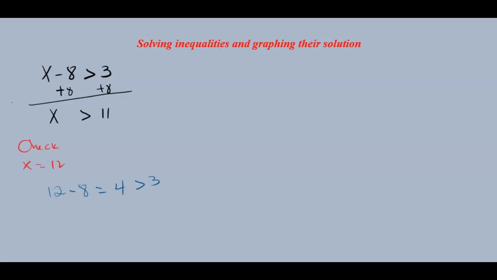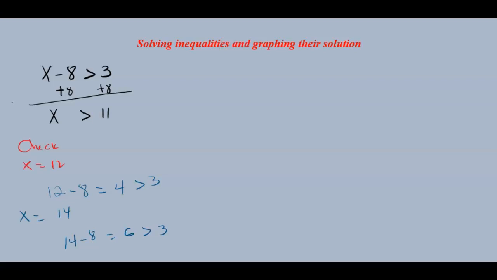What if x is equal to 14? We have 14 minus 8, which is equal to 6 and also greater than 3.